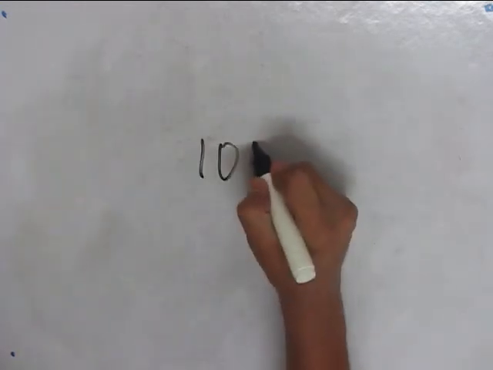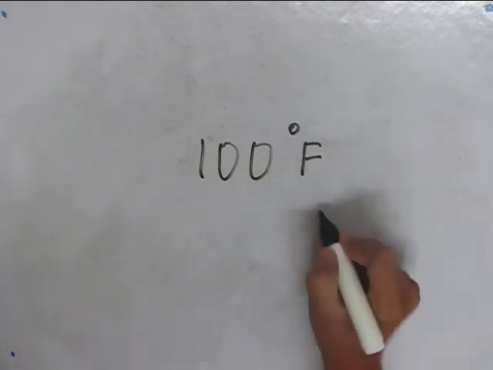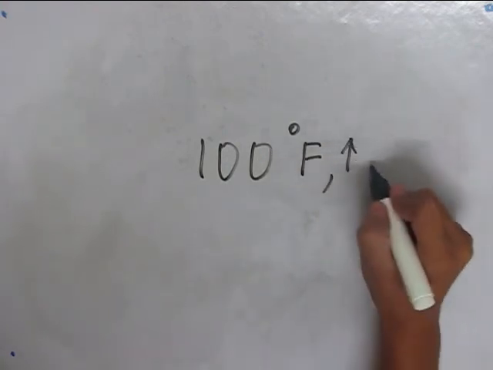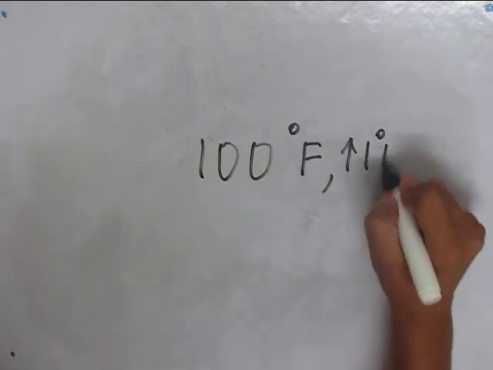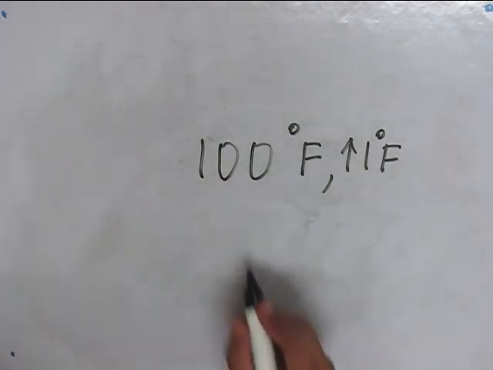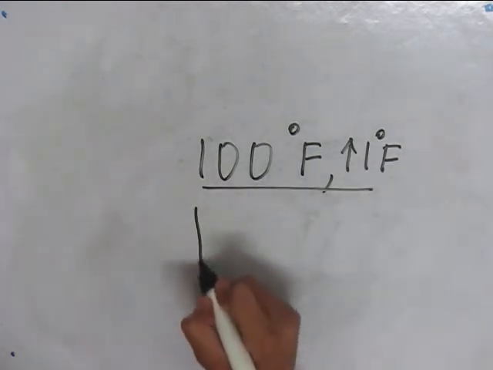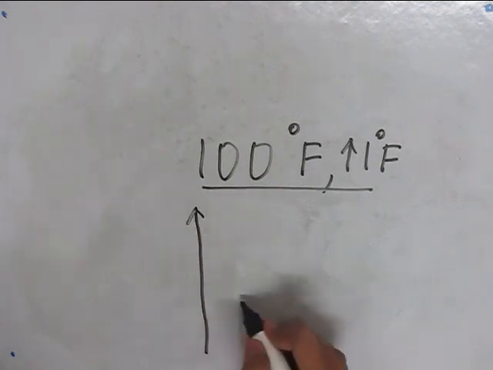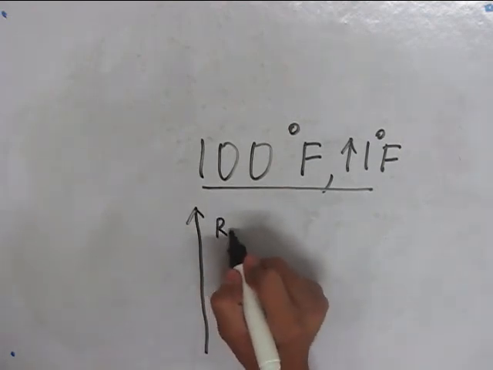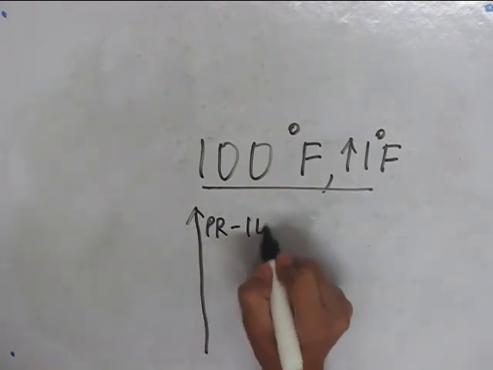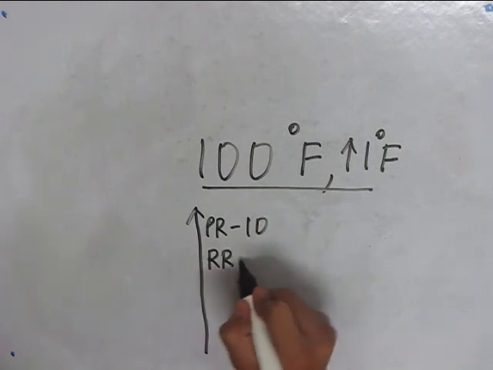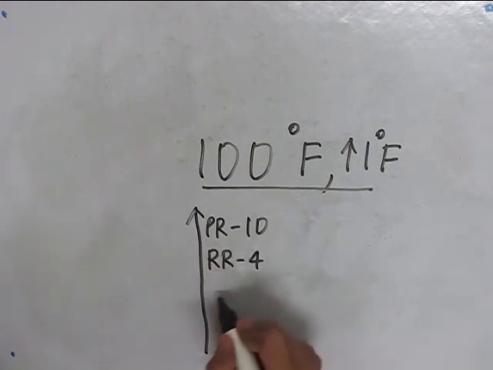So, consider the situation. The body temperature is already 100 degree Fahrenheit and there is an increase in 1 degree Fahrenheit again. What happens? When this happens, there is an increase in pulse rate by 10. Respiratory rate increases by 4.